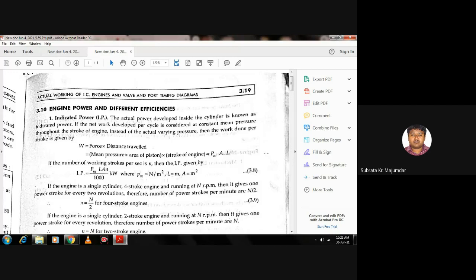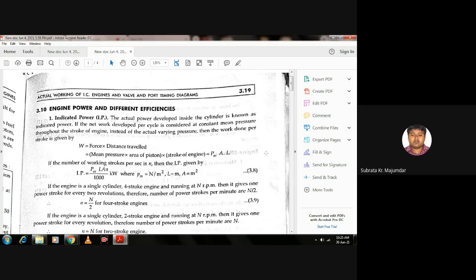This indicated power is mathematically denoted by IP equals P suffix M into LAN divided by 1000. Acha, what is PM? P suffix M stands for the mean pressure in the engine cylinder, denoted by Newton per meter square.